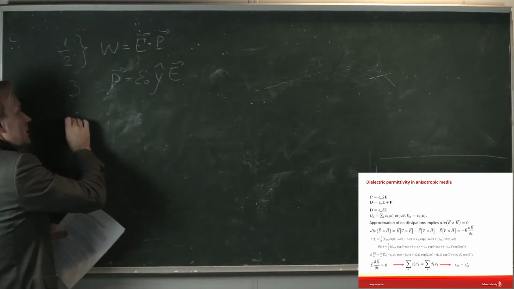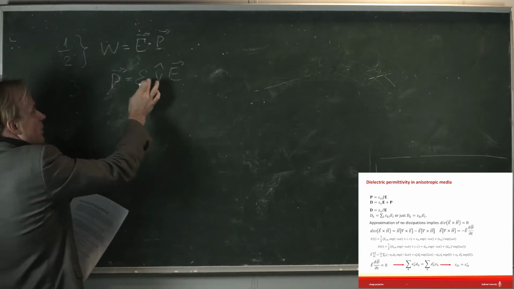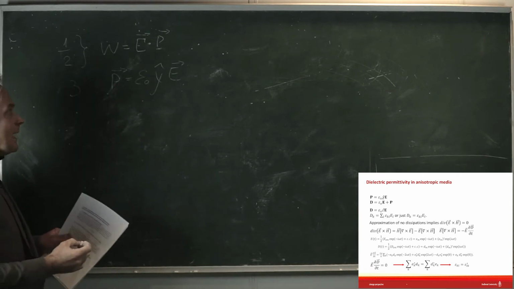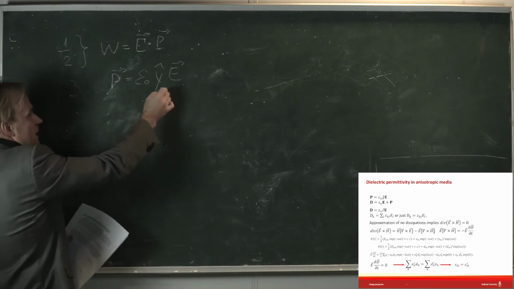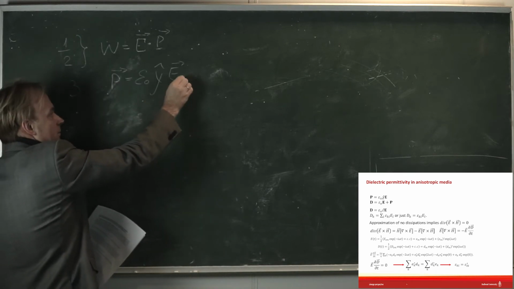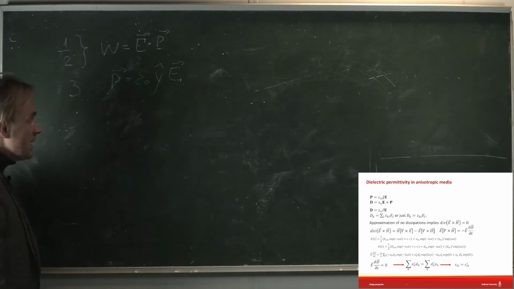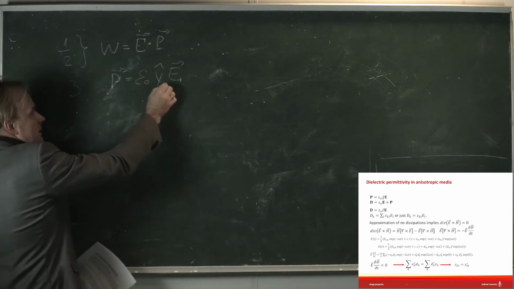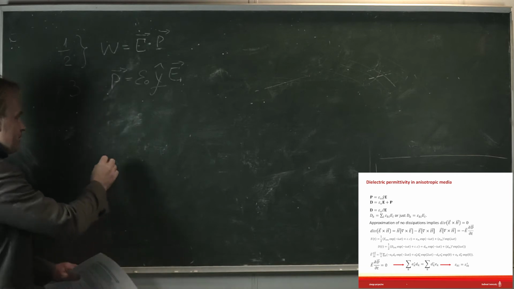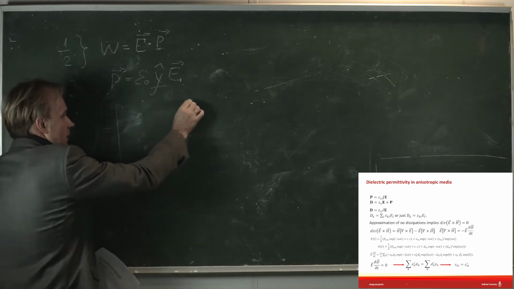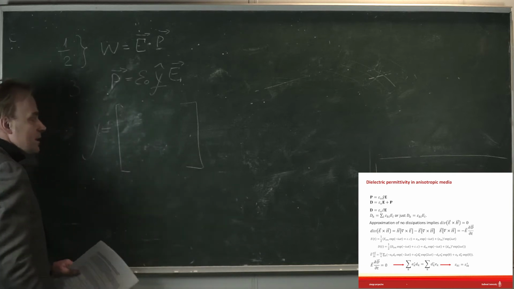We are not allowed to state anymore that electric field and the polarization are mutually parallel, because we are talking now about anisotropic medium. So it means that in general E and P are pointing into different directions, and it means that this chi is a matrix. Since we are living in 3-dimensional space, it would be a matrix 3 by 3.